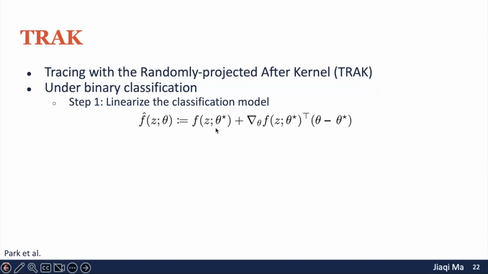And we will linearize the model in terms of theta for a fixed data point Z. And this is done by having a Taylor expansion at the parameters theta star, which are parameters learned from the full training set.